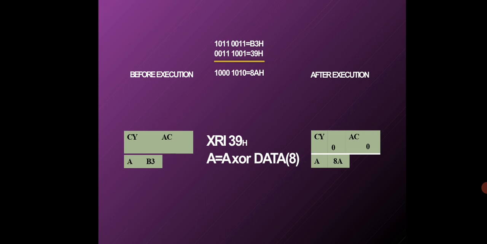In this example, you can see that the value of A is B3. So XRI 39H. After execution, the value of A is 8AH.